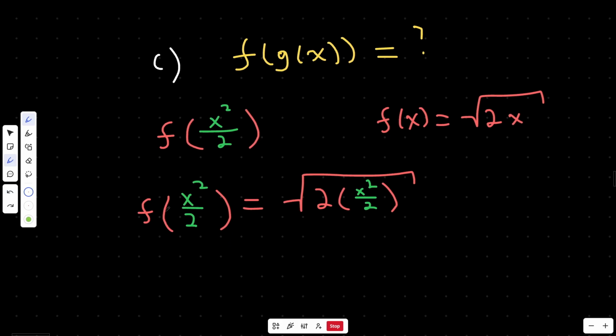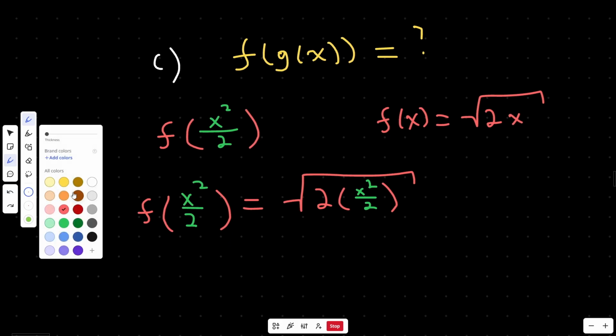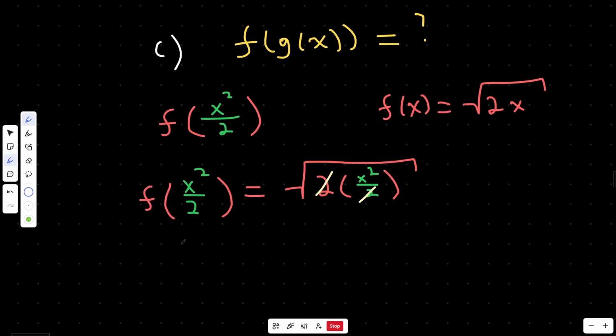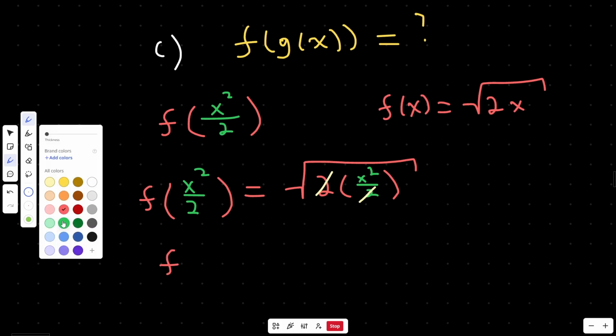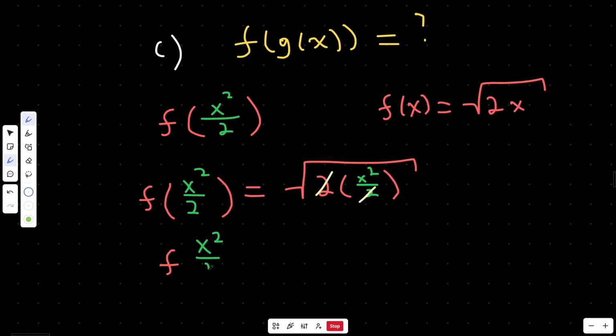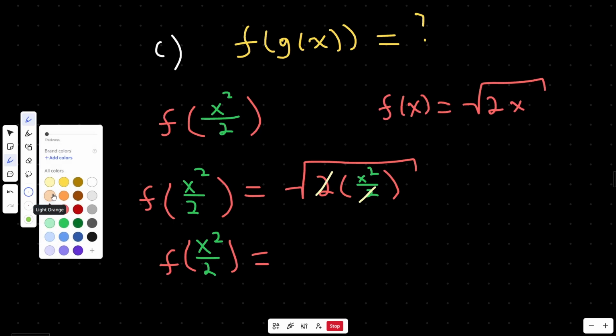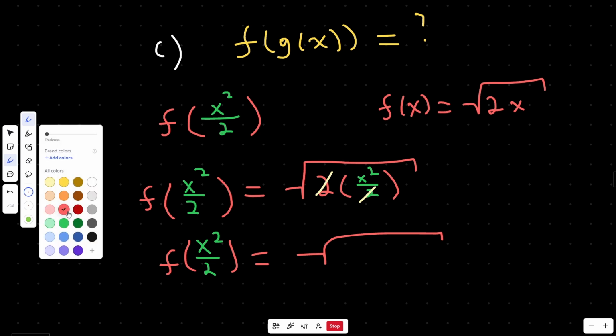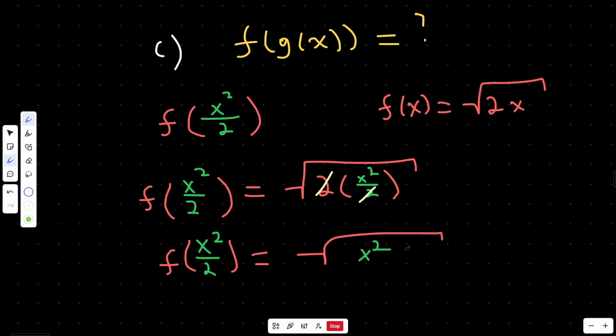So now all we have to do is simplify. I think we can cancel out the 2 and 2 there. So we're left with f of x squared over 2, we include the brackets here, is equal to the square root of x squared.